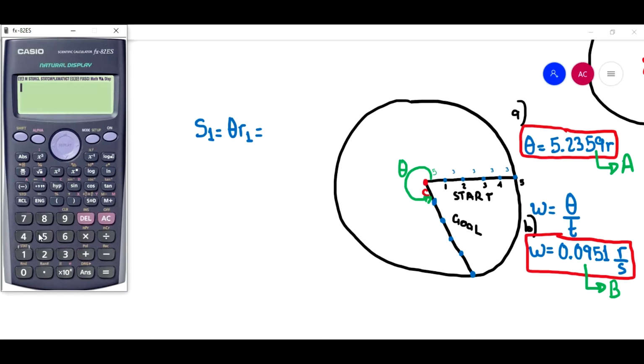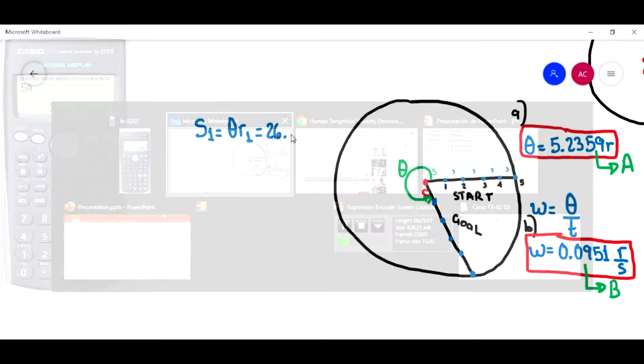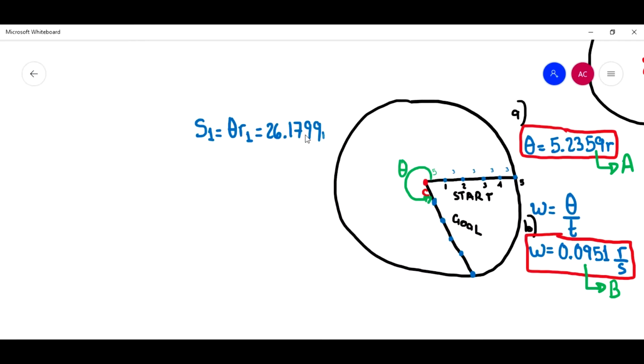So I multiply 5 times the value of the angular displacement that I saved in A. That is the distance of the first cyclist, 26.1799 meters.